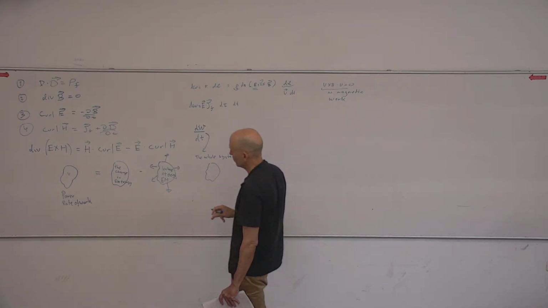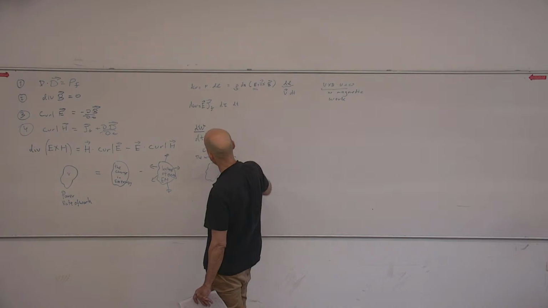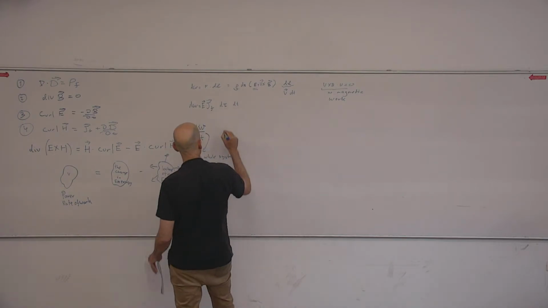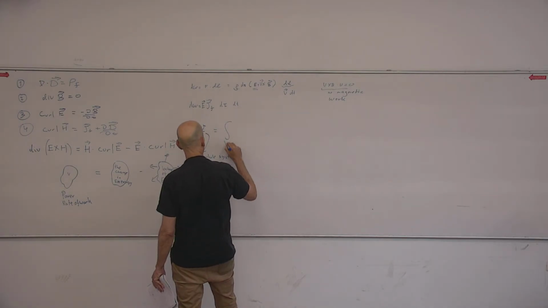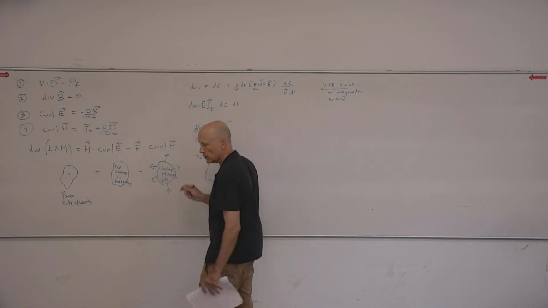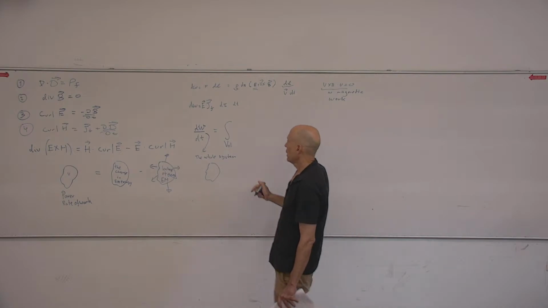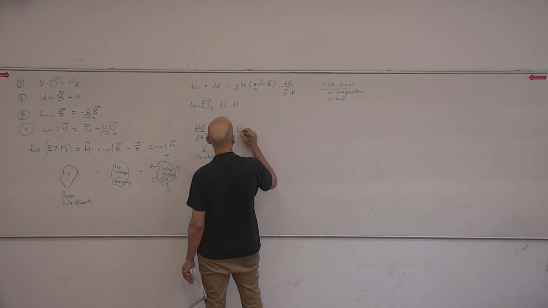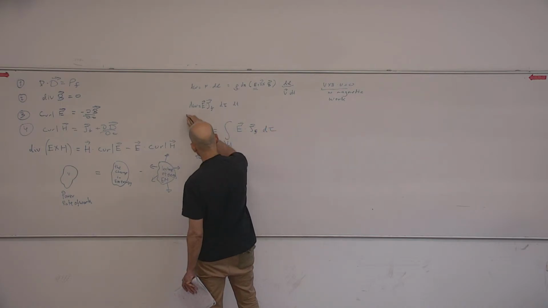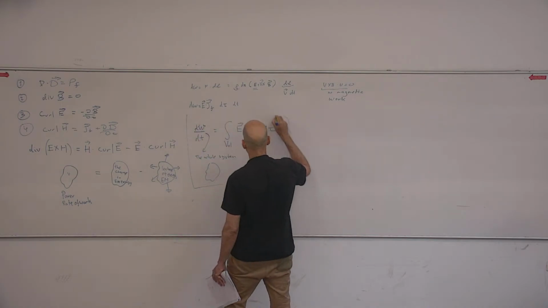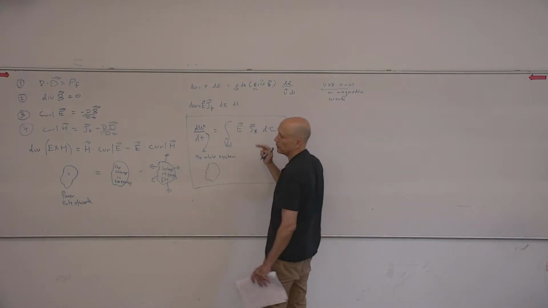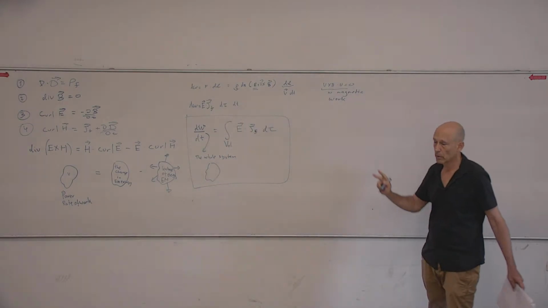Let us look at the integral of this to define, so this is equal to the integral over the volume that contains this E dot J of the free charge, d tau. And this is just, if you want, what I'm defining here as the work.